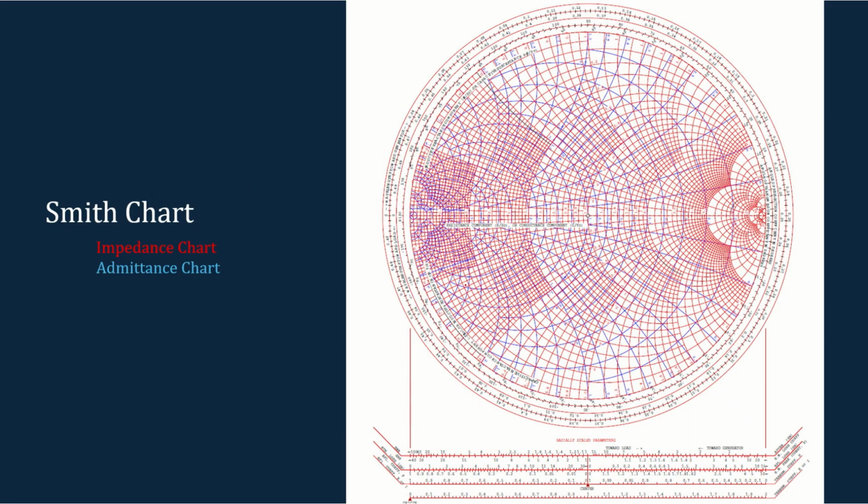So in a complete Smith chart, we will have both the impedance chart and the admittance chart. The impedance chart is represented by these red colors and the admittance chart by these blue colors. These impedance and admittance charts are very important in designing matching circuits.